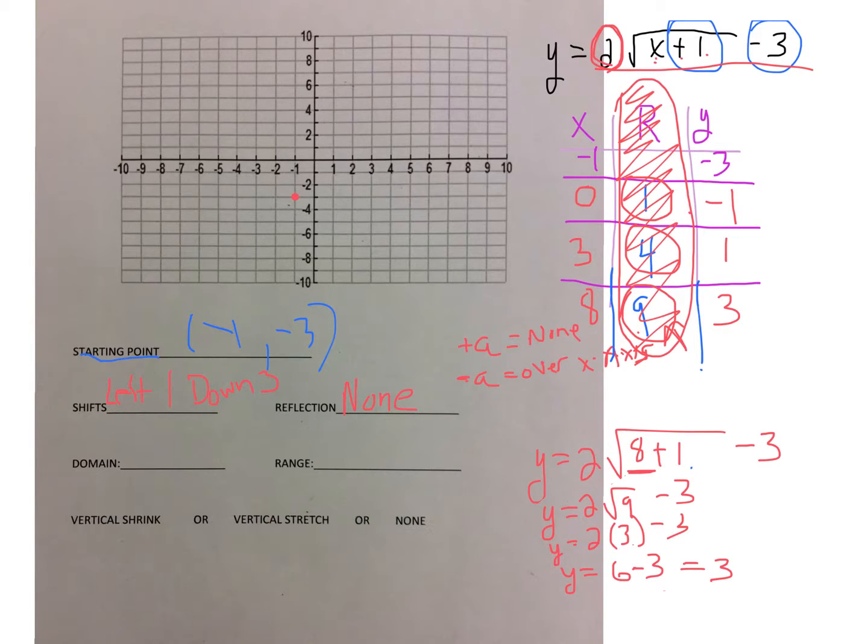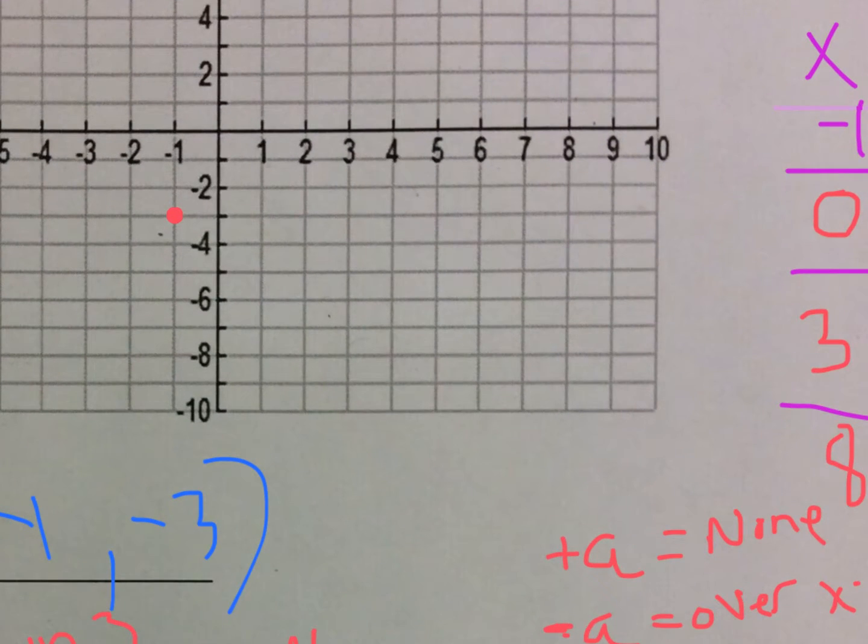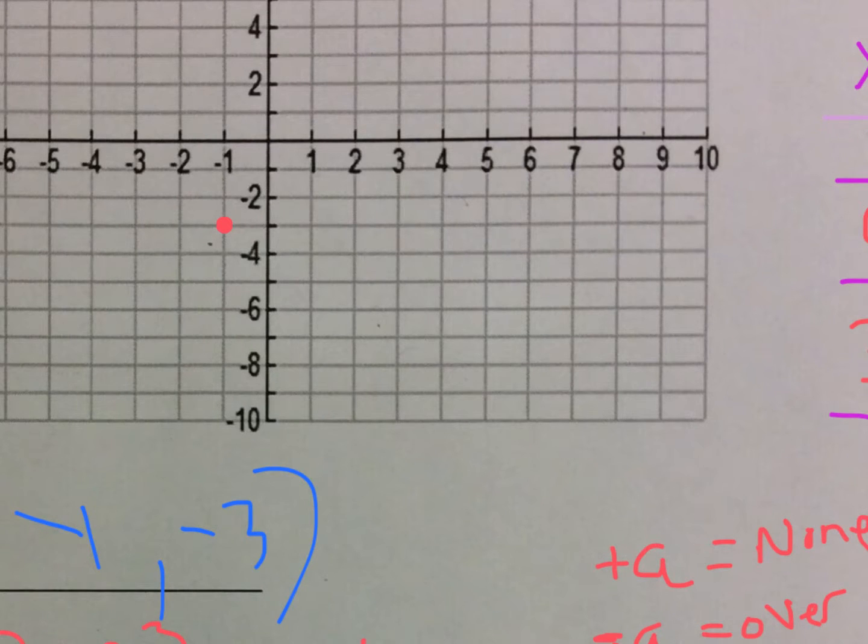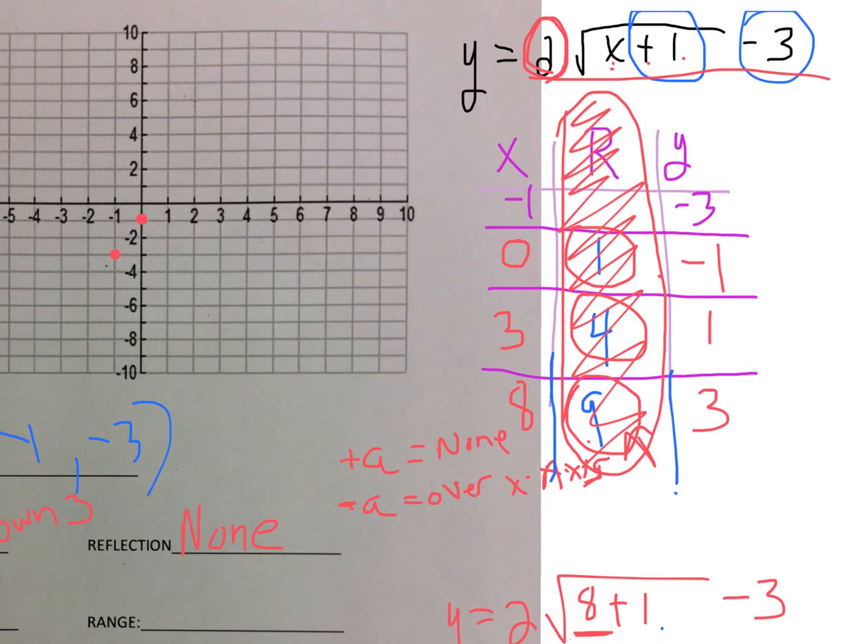So now, let's plot our points. So we have the coordinate here. Let me fix my pen. Okay, we're going to have the coordinate 0, negative 1. So let's graph 0, negative 1. Then we're going to graph the coordinate 3, 1.